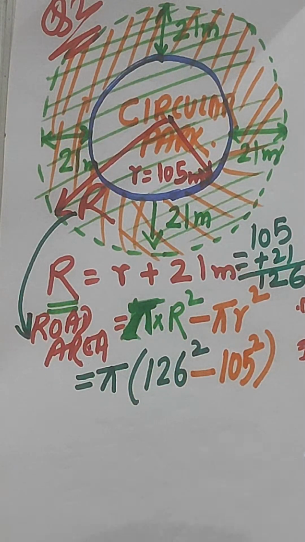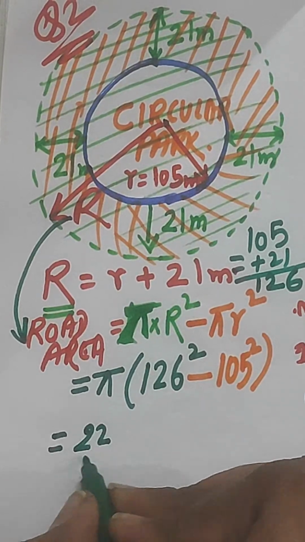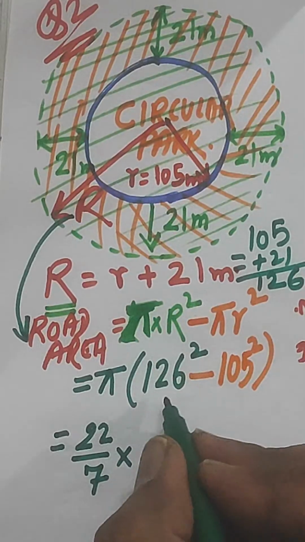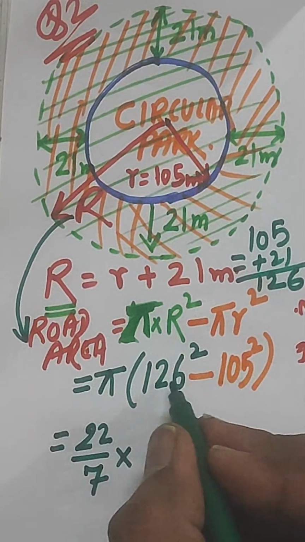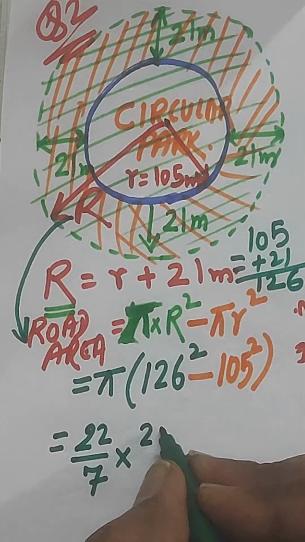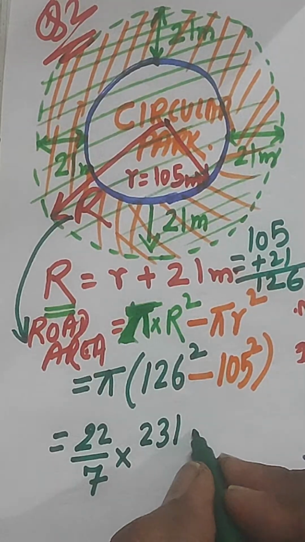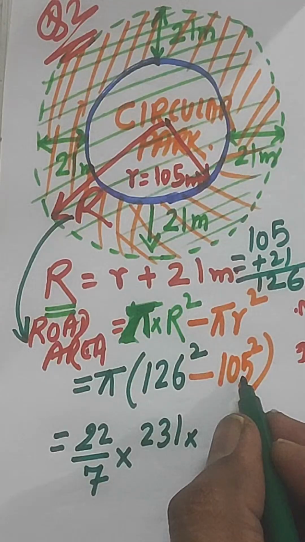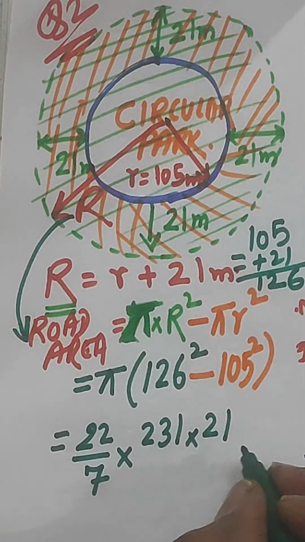Right? Now, what is the value of pi? It is 22 by 7. Just apply a square minus b square, that is a plus b times a minus b. a plus b is 126 plus 105, that is 231. When you subtract, 126 minus 105 will be 21, right?